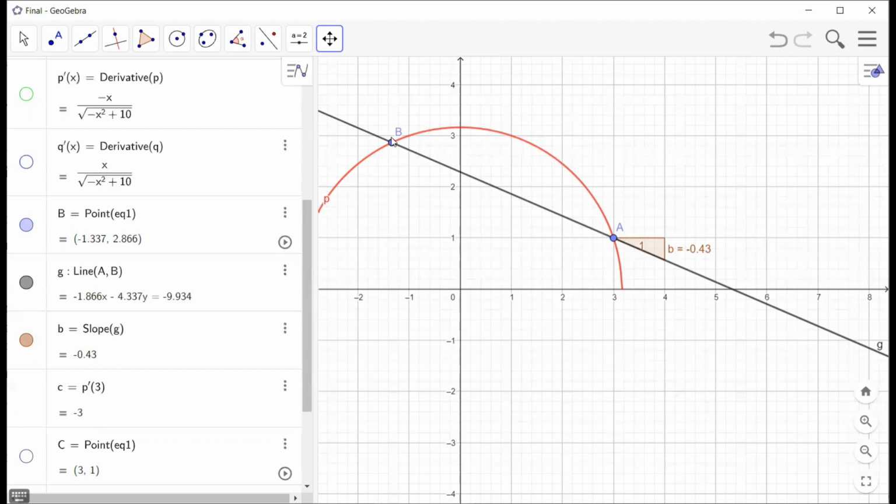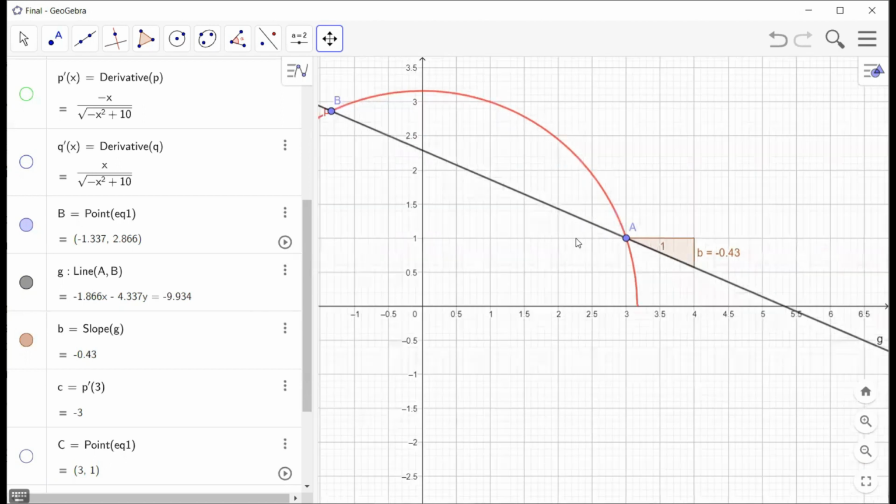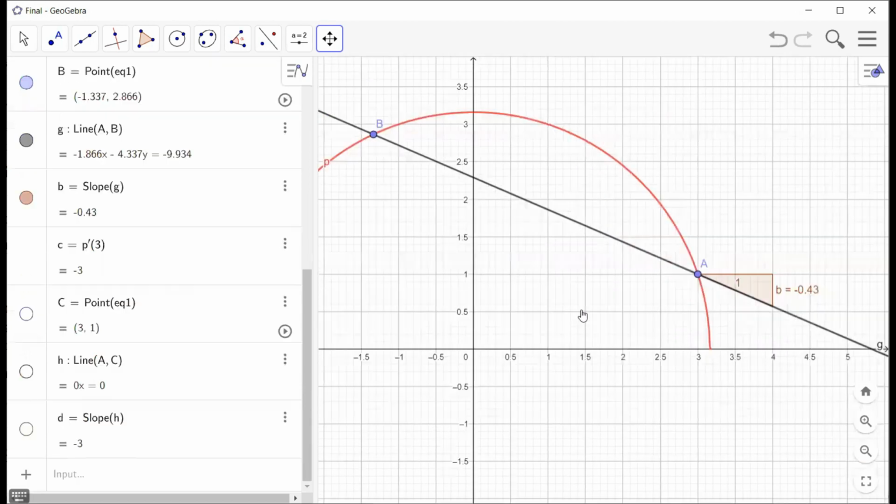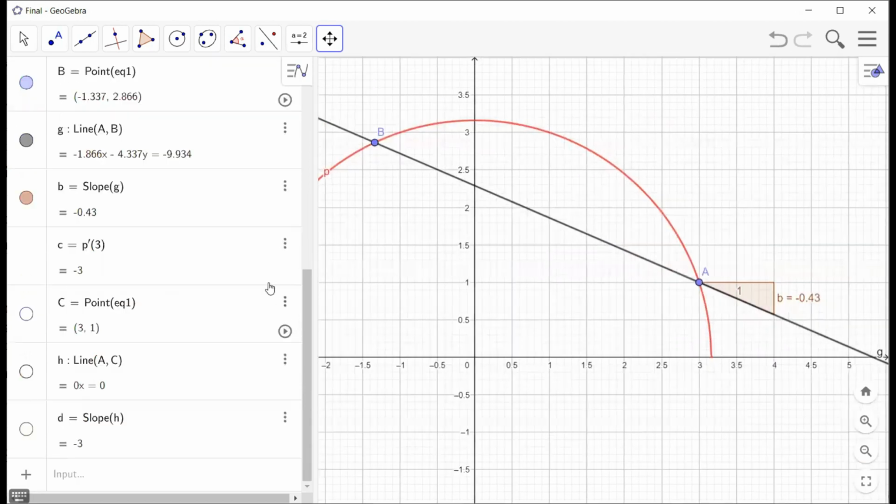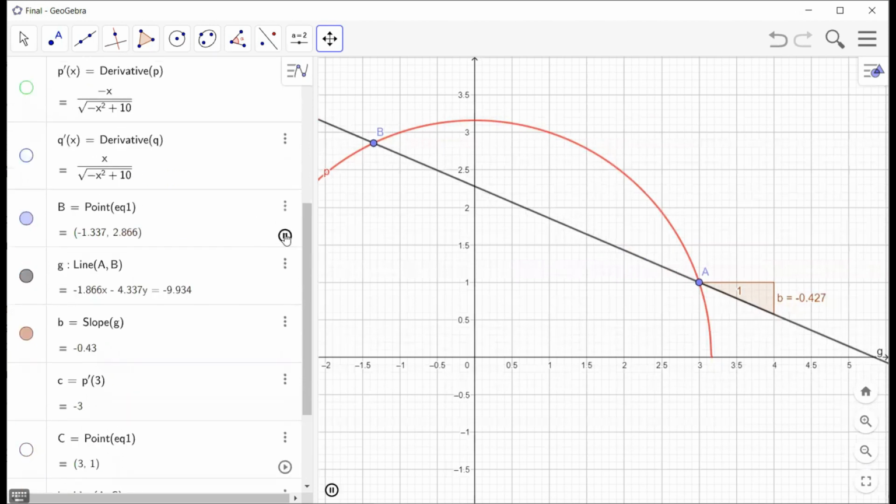But if we make B closer and closer to A, to make the secant approach the tangent to the circle when B is so close to A, we can also find visually the slope of the tangent at A. So we have in GeoGebra the slope of the secant, and we will try to make B closer and closer to A.